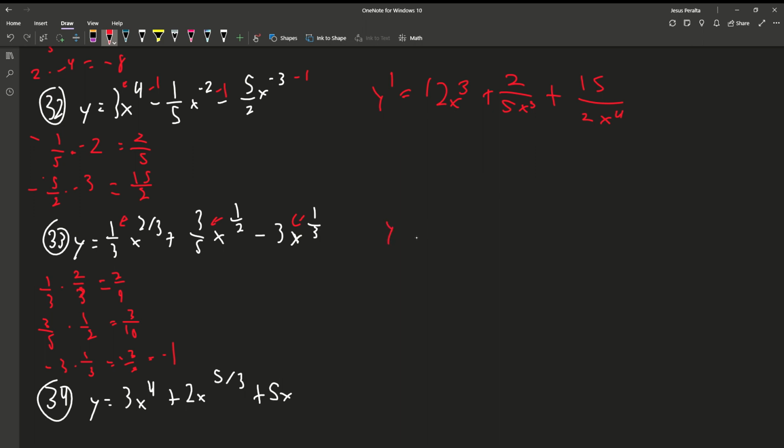So we have y prime is equal to 2 over 9 x, 2 over 3 minus 3 over 3. It's going to give you negative 1 over 3. And then plus 3 over 10. And then minus 1 right here.